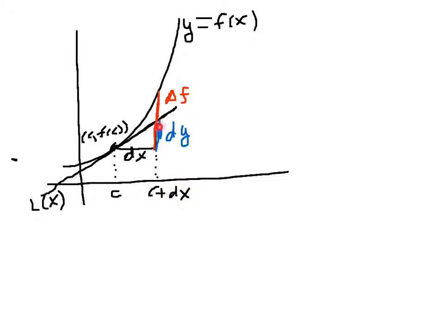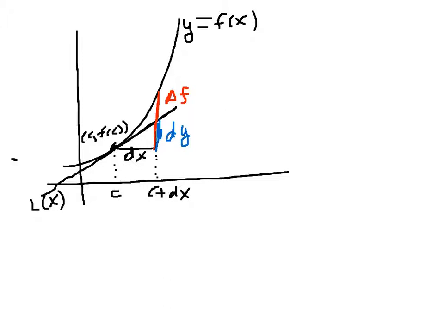In blue, the change along the tangent line corresponding to a change in x of dx is dy. The change along the curve corresponding to a change in x of dx is delta f, and that's in red.